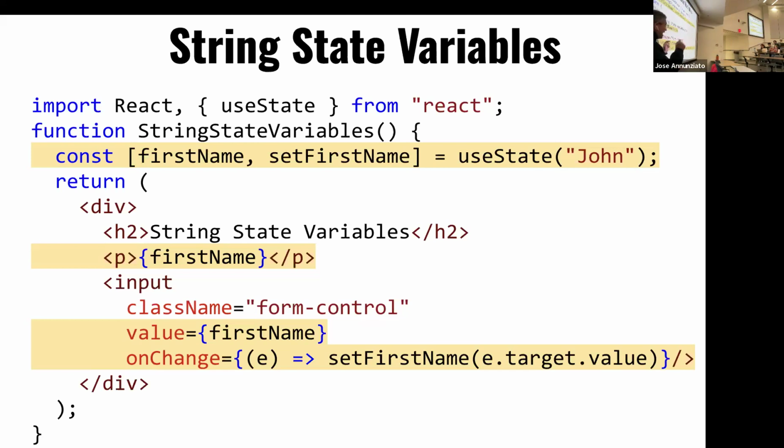So for every keystroke, it will invoke the on change, right? So if we type space D O E or whatever, every single keystroke, it will invoke this with the new value of the input field, which includes the previous value plus the new character that you typed.